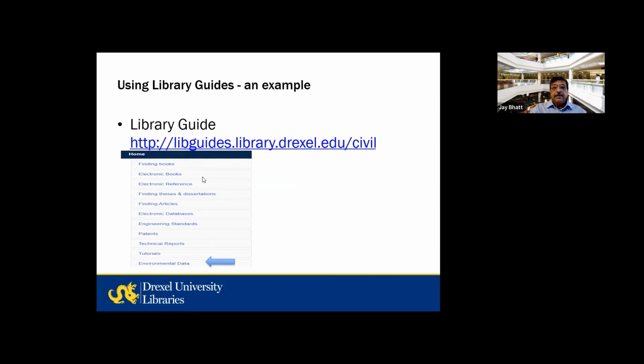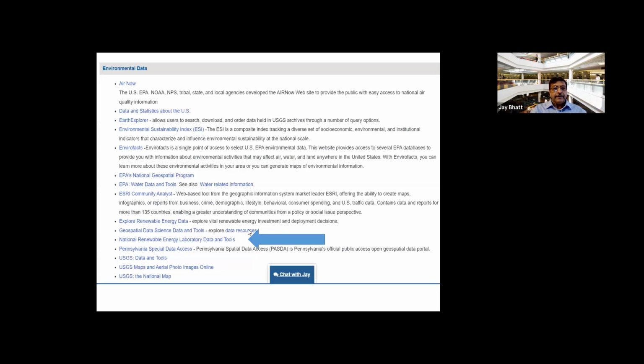And a lot of times, data is also presented in journal articles or even in thesis and dissertations. So there are a number of ways that they can discover data. And here is a screenshot from the same page where environmental data are discovered. And I have included them in one place.